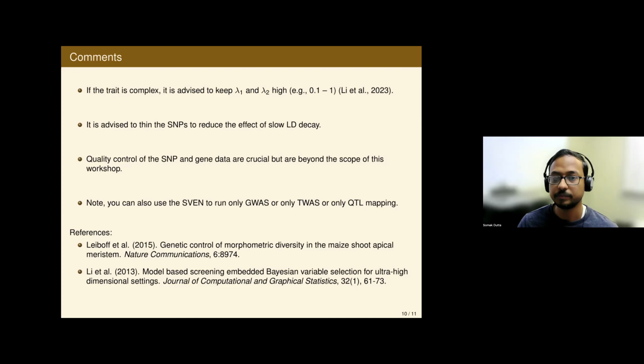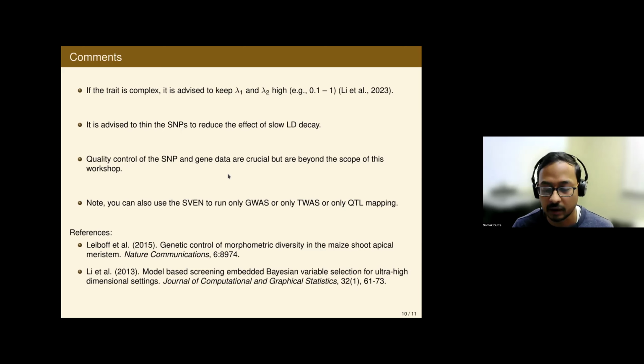Okay. And of course, we do quality control on the SNPs and the genes data that are always a part of the GWAS or TWAS analysis. So those are crucial, but those are not within the scope of this workshop. So generally, only SNPs with 5% or more minor allele frequency are kept, capped at a threshold.